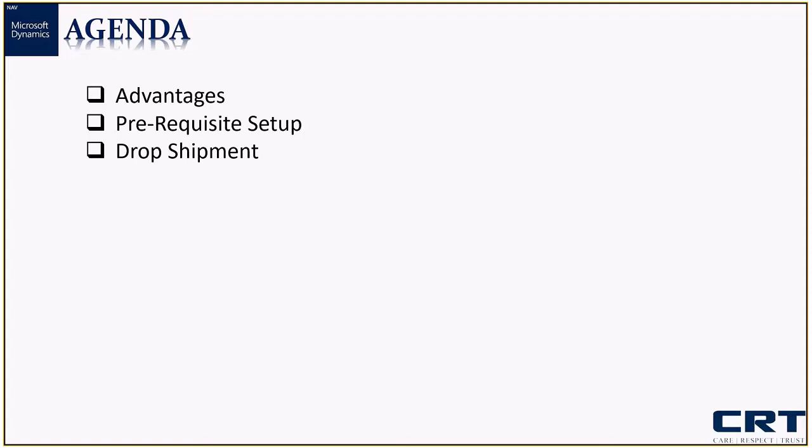So for the webinar session today, I will try to explain these two different methods and how they work, and what the similarities and differences are between the two methods, so you can choose a better method to use for your organization. Part of it, you will see the comparison between the drop shipment and the special order.